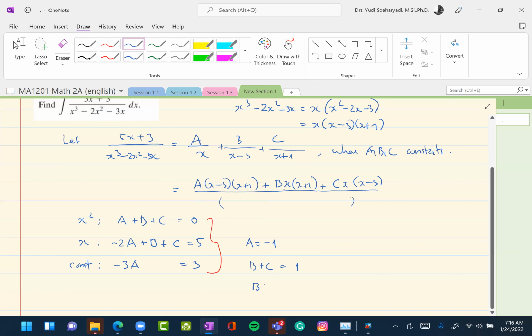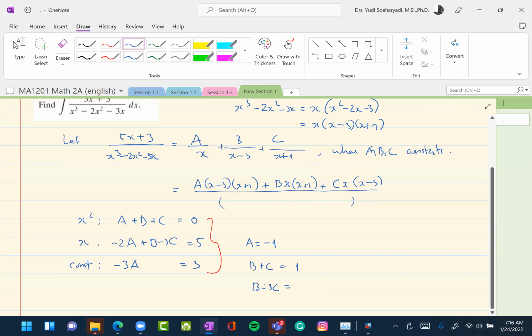Here you have just bx, so b. And here you get x times -3, so this should be -3c. So b minus 3c equals 5.